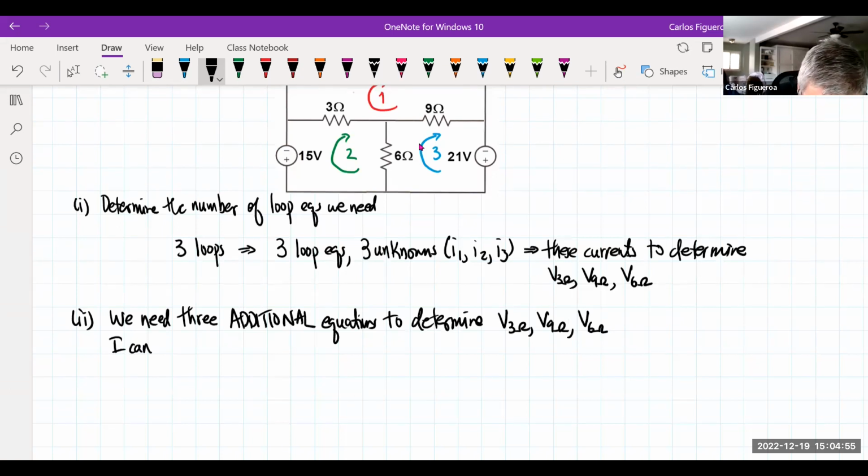I call these equations solver equations.